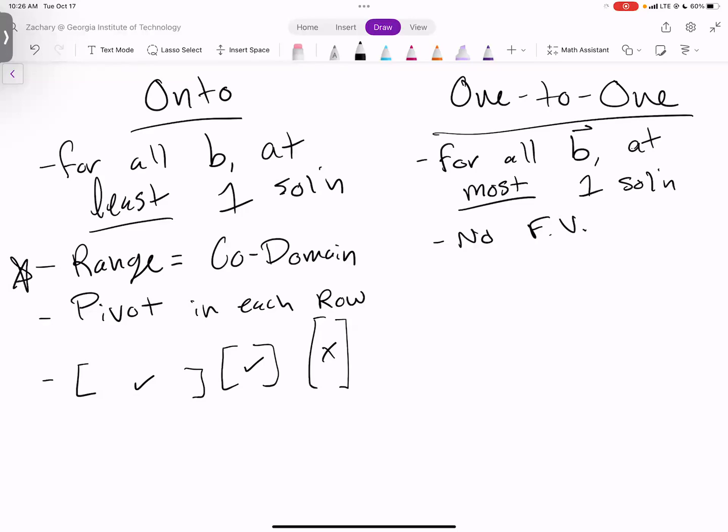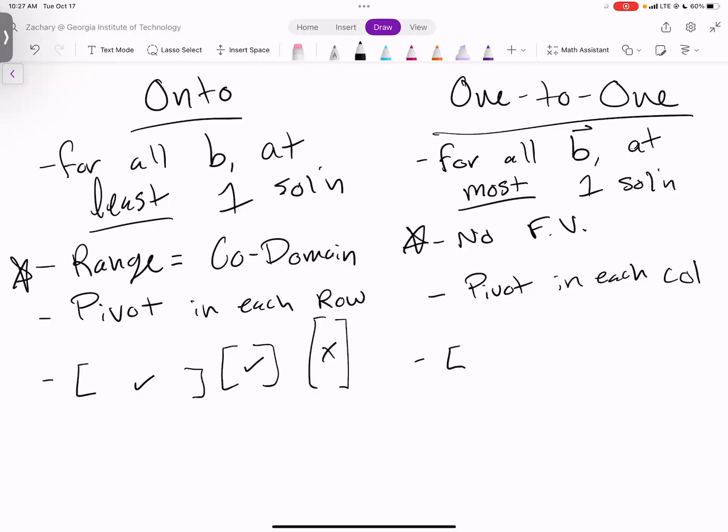These are the other really important things to note about each of them: for onto, range is codomain; for one-to-one, you don't have free variables. To tell if this is true, you'd have a pivot in each column because you don't want any free variables.